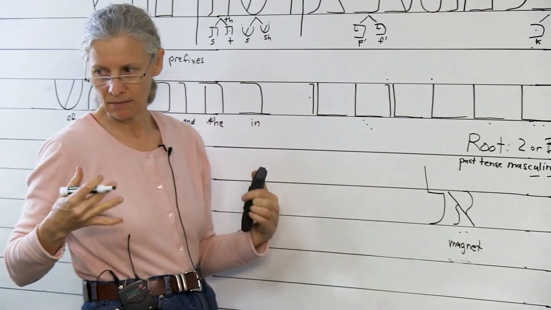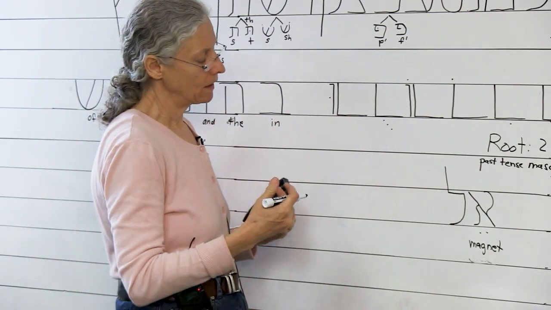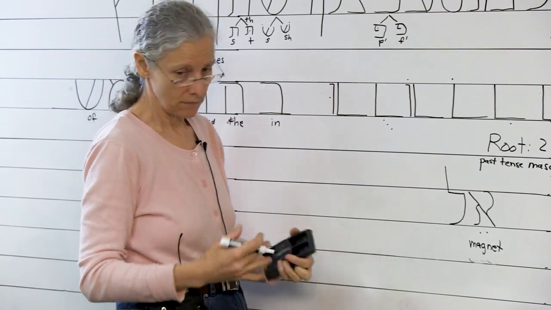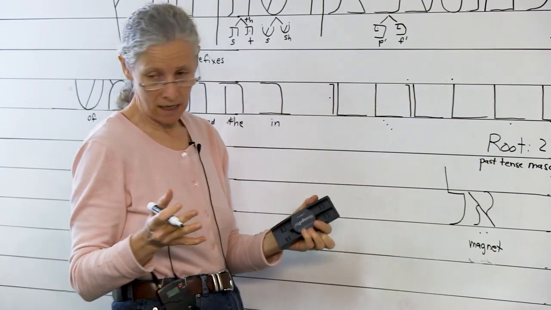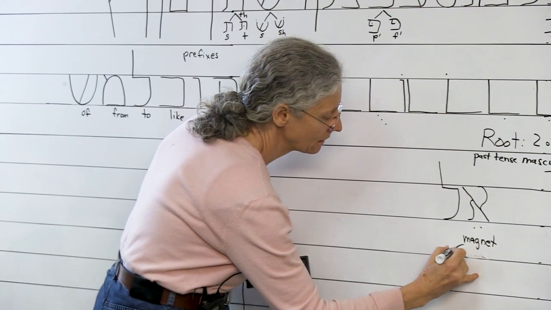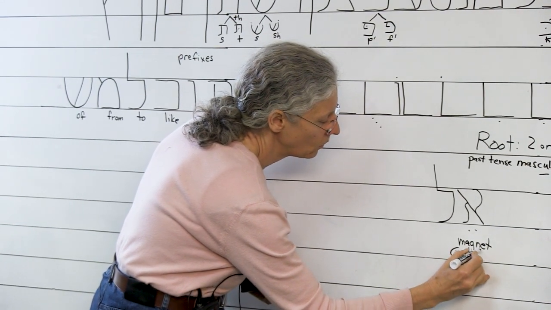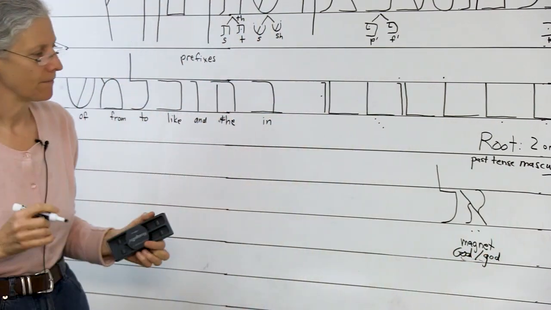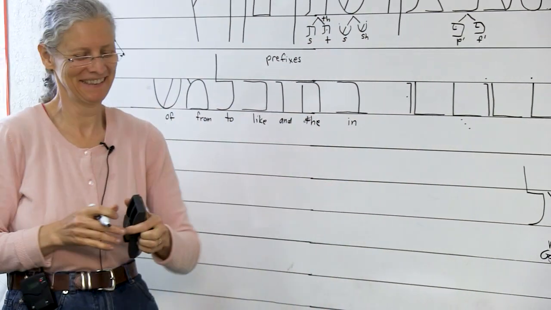God is sort of a magnet. God draws you towards him. So it can be the God of, the God of gods, or it can be a God. Either God or little case, god. All right? Loaded word.